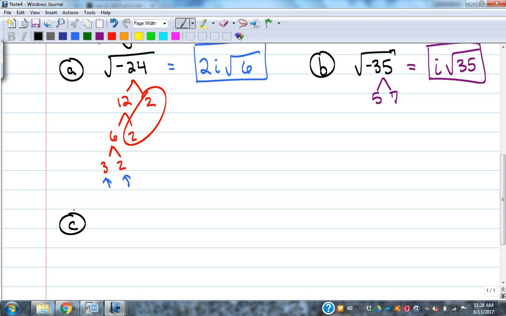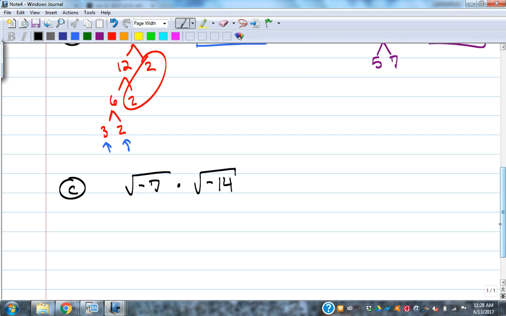If you're multiplying them, then you actually want to simplify first when there are negatives in there. Like we have the square root of -7 times the square root of -14.